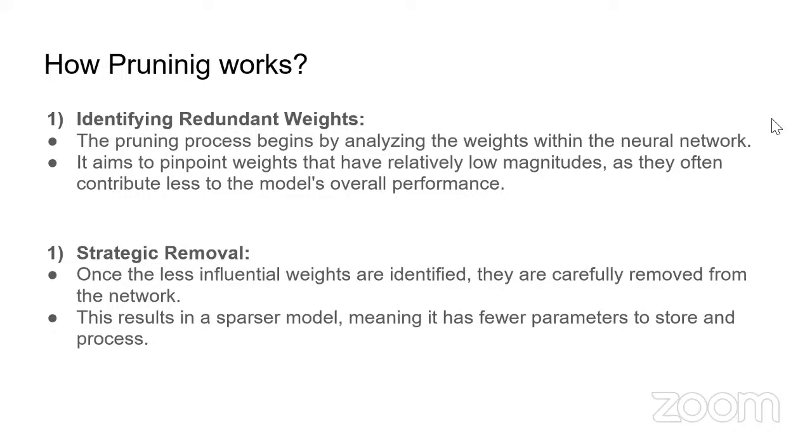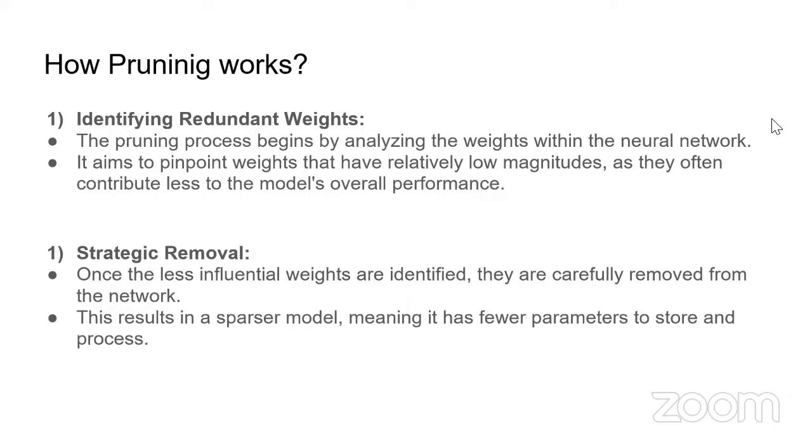Then how pruning works. Pruning works on identification of redundant parameters. During or after training, the model is analyzed to determine which parameters contribute the least to its performance. This can be based on weight, where smaller weights often indicate less importance.